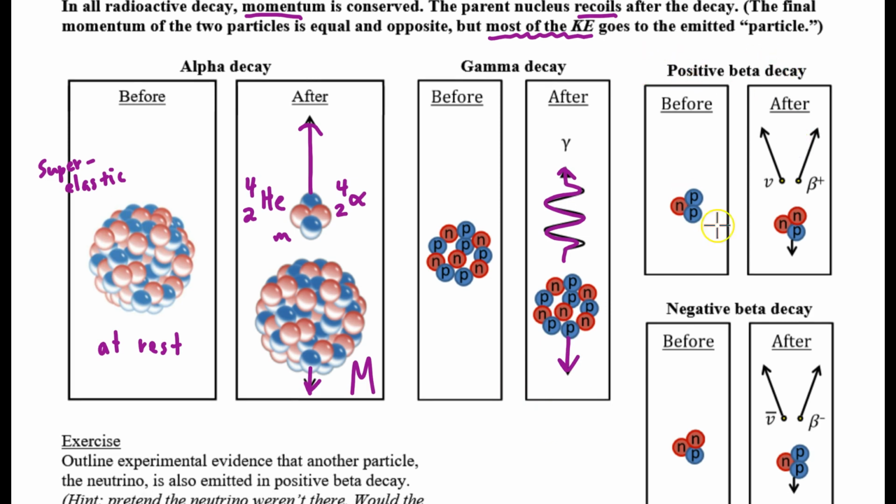And you expect me now to say the same is true for beta decay. And yes, it is, but it didn't look like it. Here was the problem. They saw momentum conserved in alpha decays. They saw momentum conserved in gamma decays. But when we looked at beta decay, the daughter kicked off this way, and the beta particle kicked off in a direction that didn't make any sense.